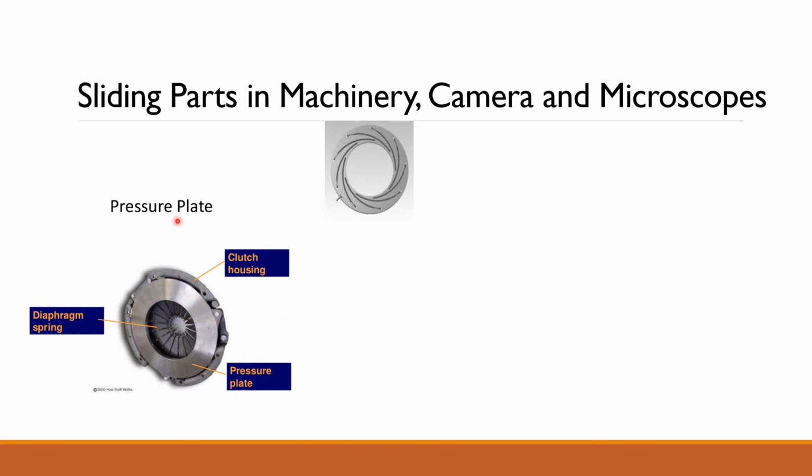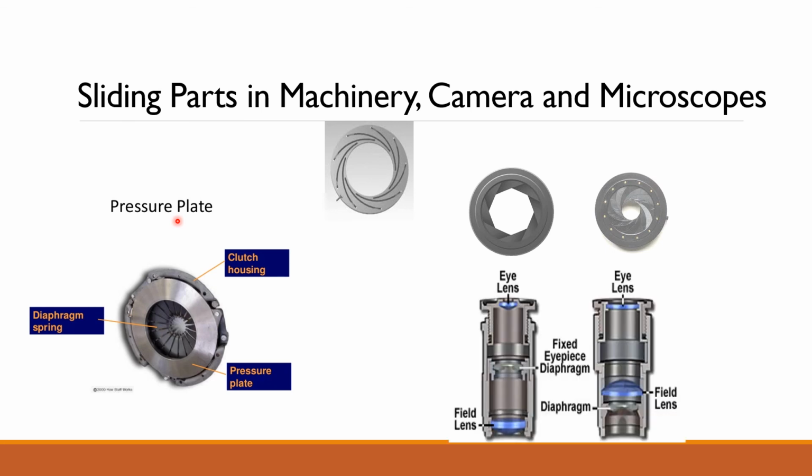And when it comes to your cameras and microscopes, you have something called lens mounts. This lens mount is the section for connecting the lens to the camera's body. You have attachable, exchangeable lenses.